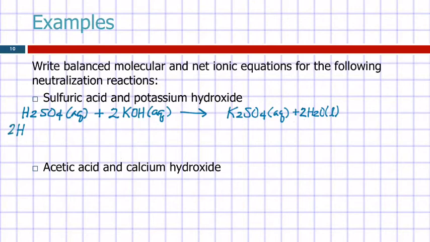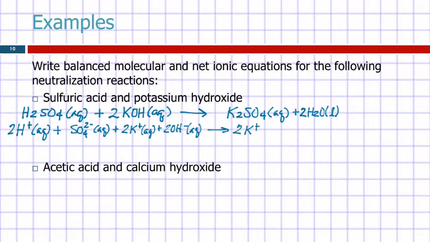So we're going to write this as 2H plus aqueous and sulfate aqueous. And then we have 2 potassium ions and 2 hydroxide ions. And then over here, we're going to separate the K2SO4 because this is aqueous. It's an ionic compound. And so that gives us 2 potassium ions and 1 sulfate ion.